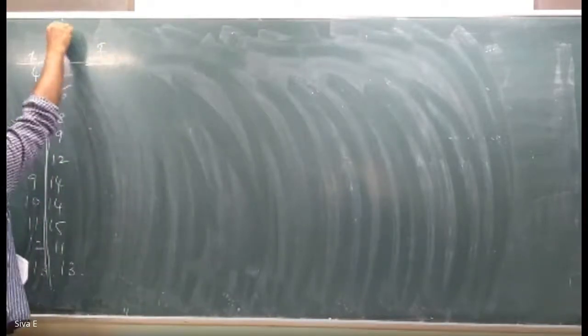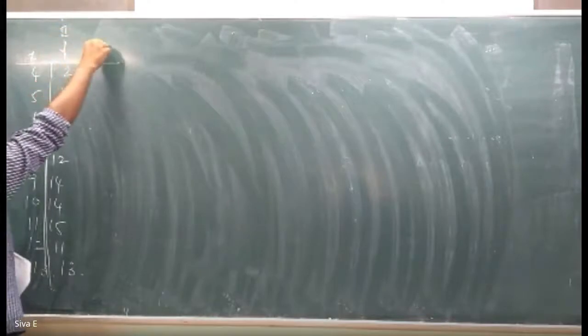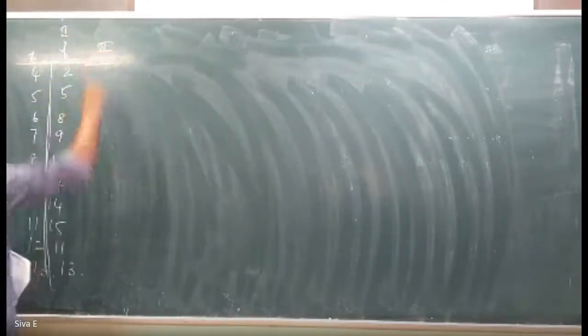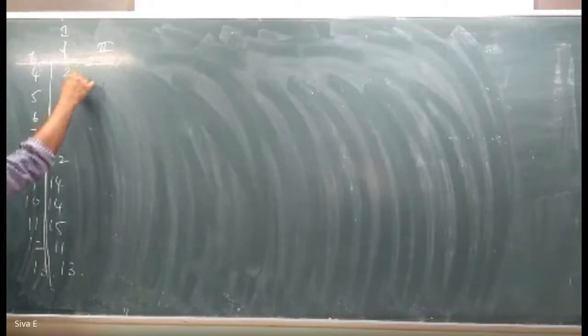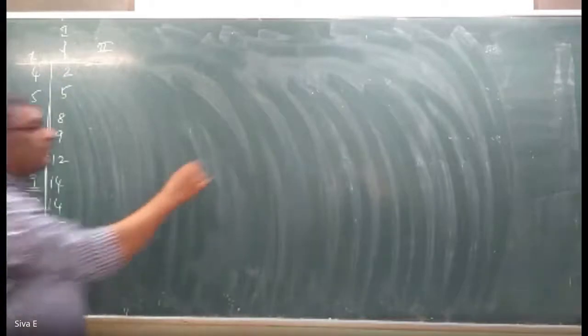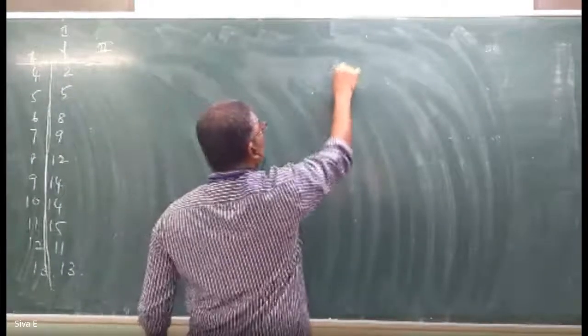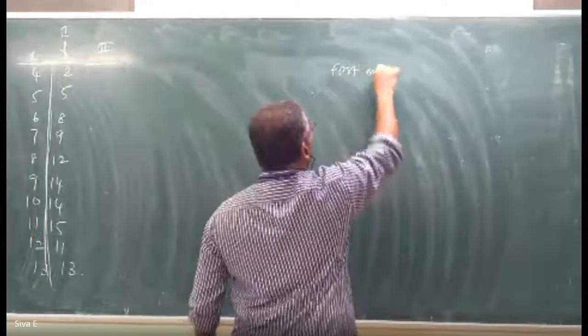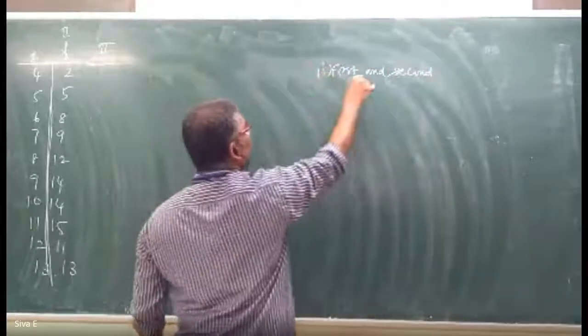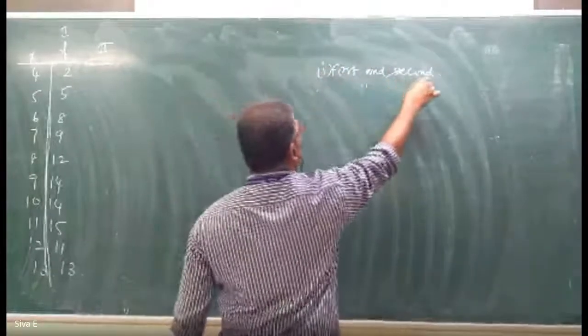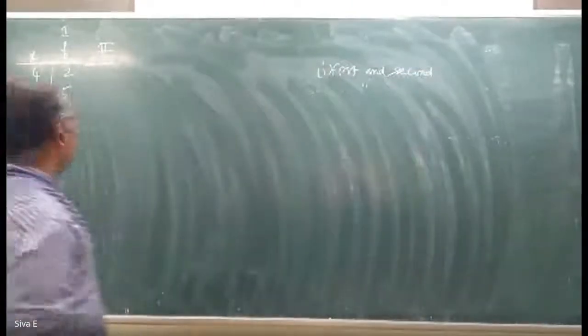First column is the respective frequency. Come to the second one, adding first and second items, second and third item, third and fourth item, like that respectively.